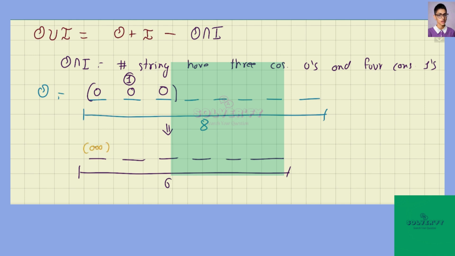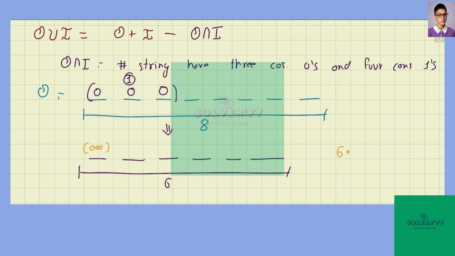So we consider the 3 consecutive zeros as just one element, and this element can be in 6 positions.